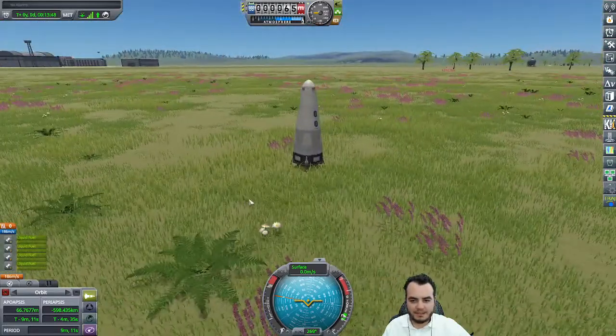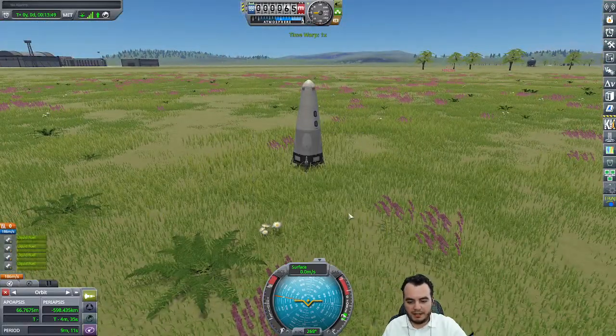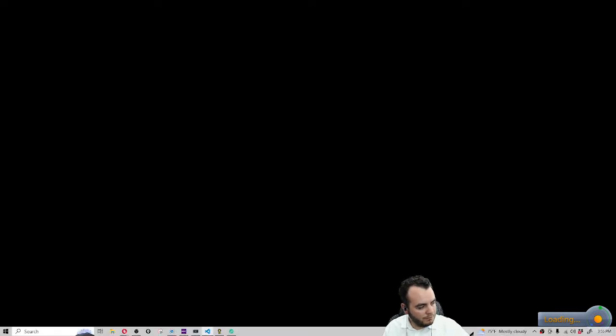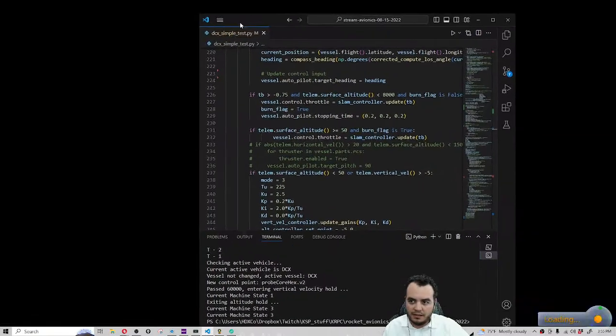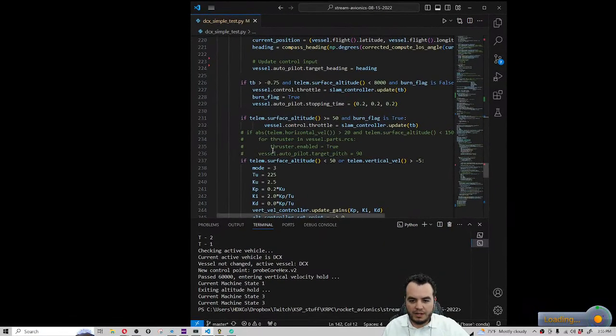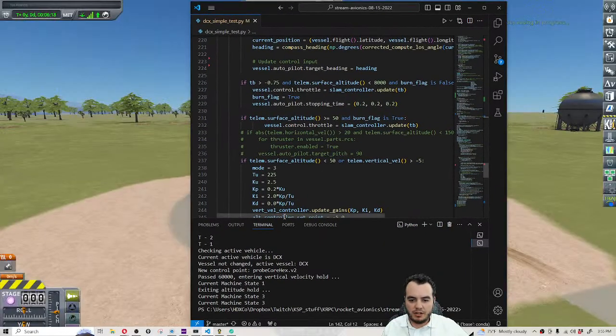Yep, easy peasy. All right, let's go ahead and bring it back, chat. So we are going to keep our delta time on the integrator to 0.5. That's 2 hertz, basically 2 times a second. And let's start looking at how we are going to implement our pitch control.